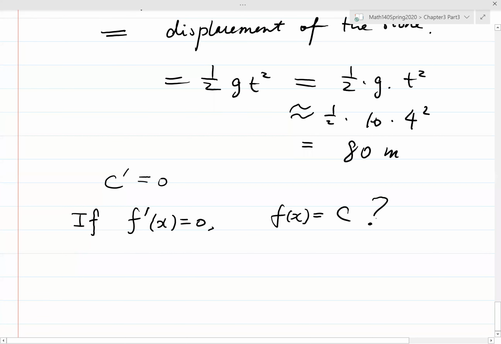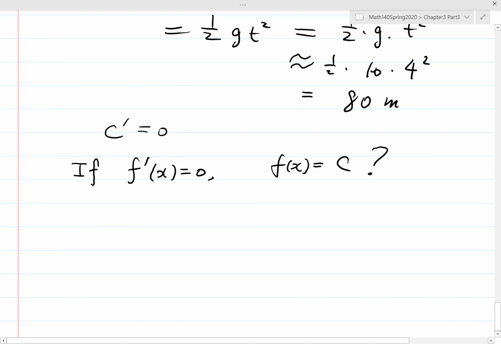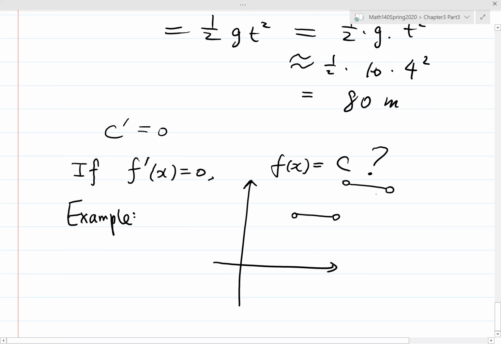If this is an interval, then this is true. If this is not an interval, then it can be false. For example, we just do this function, more or less like a floor function.